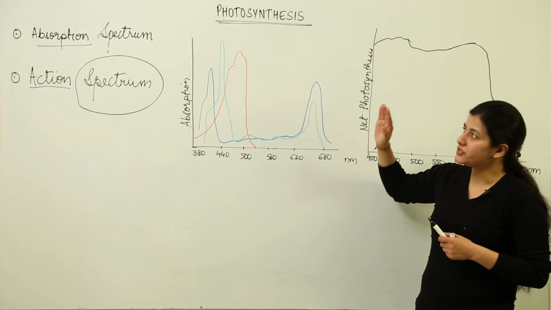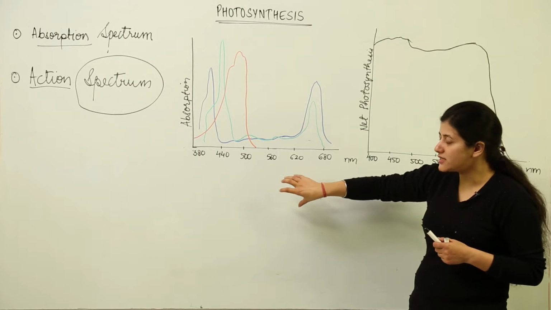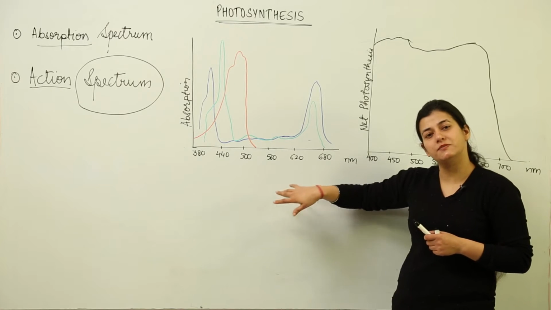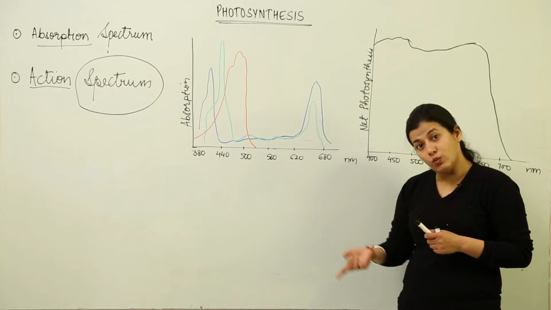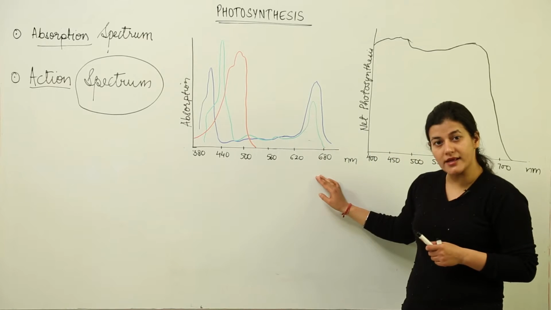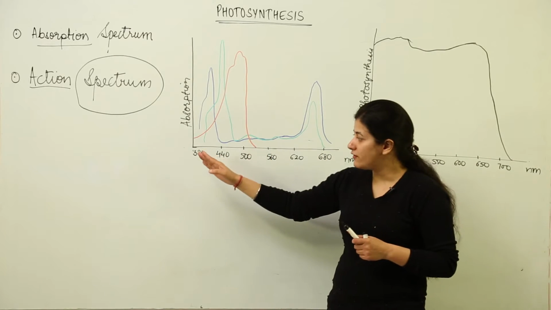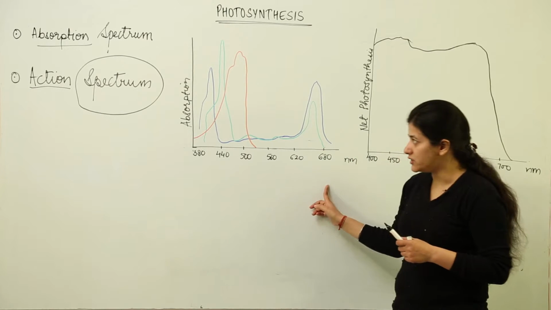Okay, and when we talk about absorption spectrum, we are saying that it is the absorption by a particular substance. Absorption of what? Of different wavelengths of the white light. So here we have the representation of the region known as Vibgyor, where we have the wavelengths ranging from violet to red. This is the wavelength in nanometers.